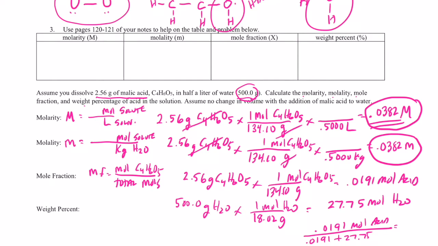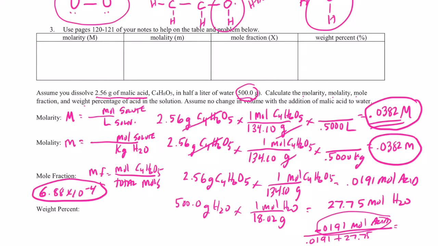And I get a really tiny mole fraction. 6.88 times 10 to the negative fourth would be the mole fraction of my acid. And you would expect that because I barely have any acid as far as the number of moles are concerned compared to the total number of moles of my solution.